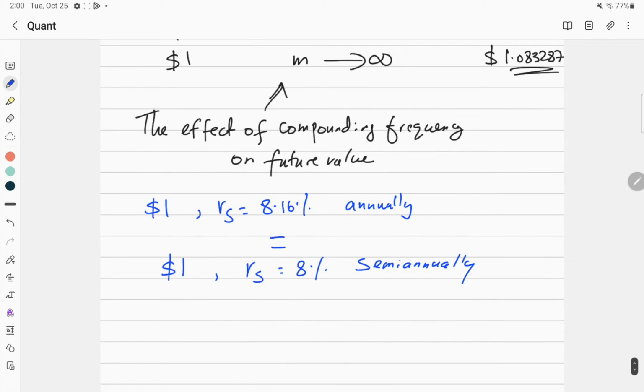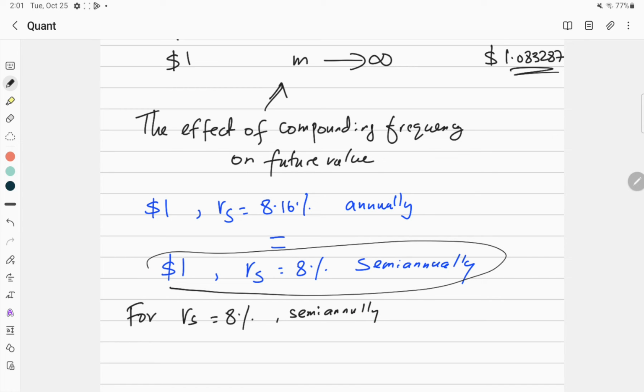So this leads us to say that for a stated annual interest rate RS of 8% compounded semi-annually, we say the EAR, or the effective annual rate, is 8.16% because it has the same future value as an investment that's compounded annually at a rate of 8.16%.